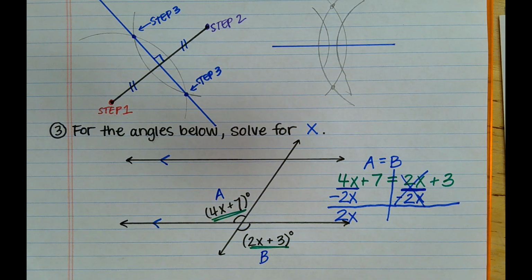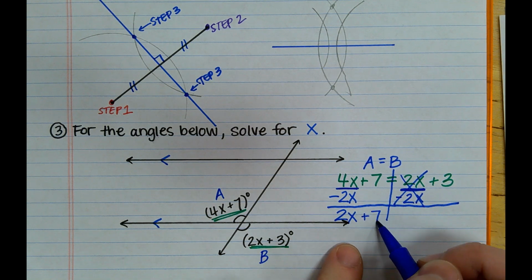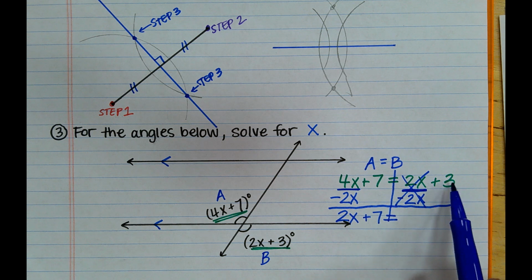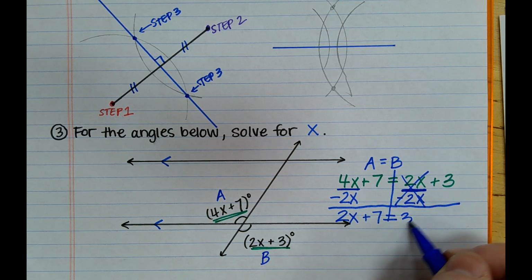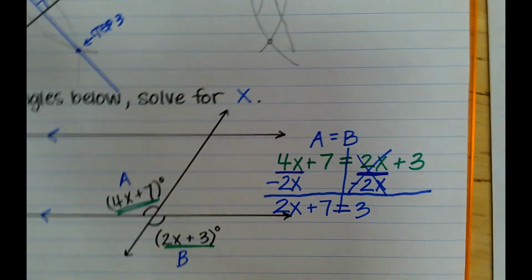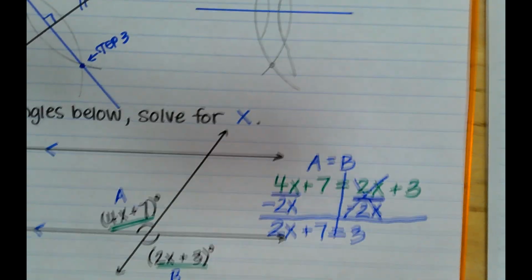And what do I do next? Yeah, let's bring down the rest of our equation. I've got plus 7, I've got an equal sign, and I've got a 3. Okay, so now I have 2x plus 7 equals 3.